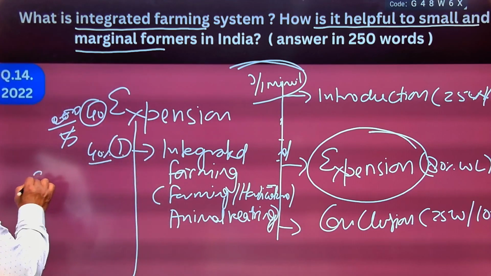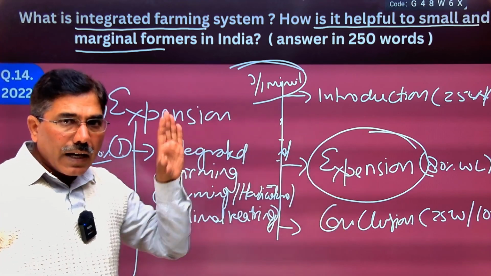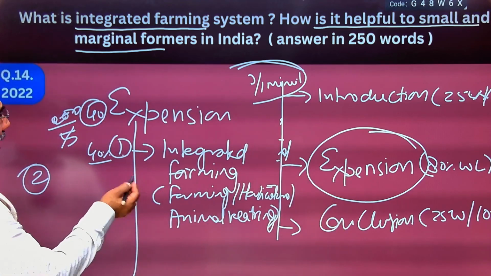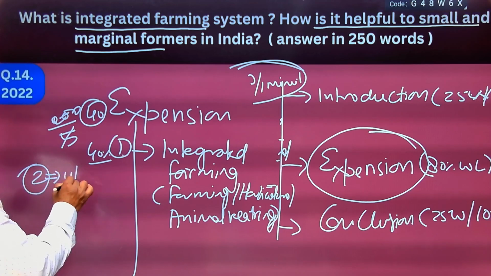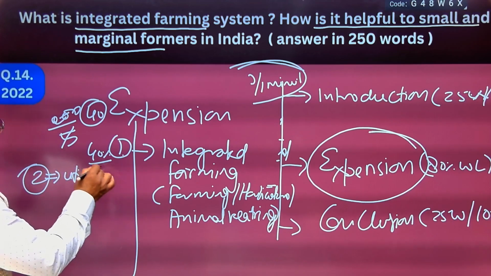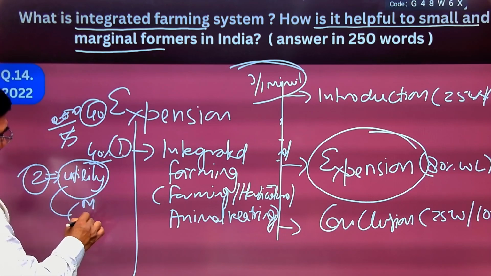The second point you have to analyze in your expansion is the utility of integrated farming. For the explanation of utility, you have to explain the conditions of marginal and small farmers.